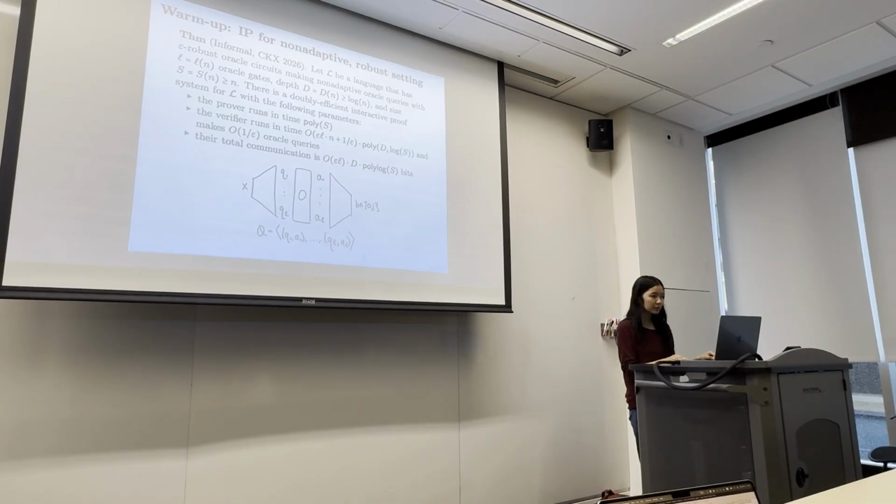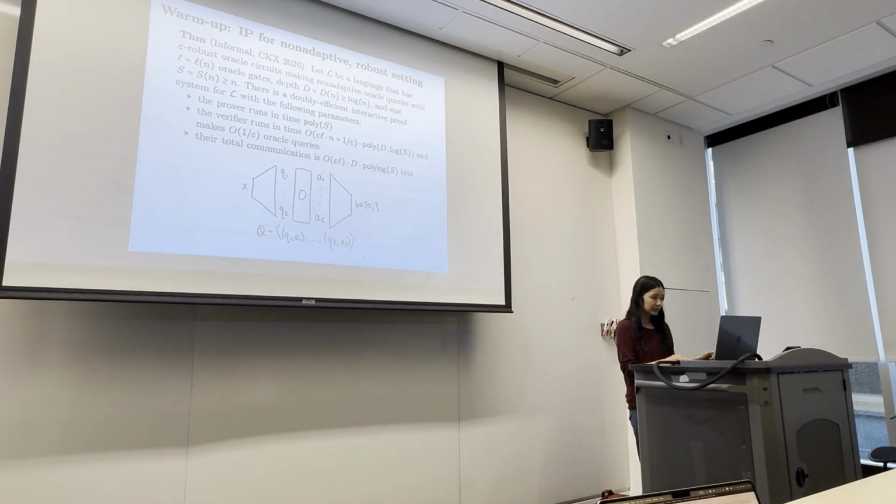Okay, so now as a warm-up, let's consider an interactive proof for this robust setting where we assume that the circuit must make non-adaptive queries to the oracle. Another way of saying this is that the circuit only has one layer of oracle gates, like in this drawing here.